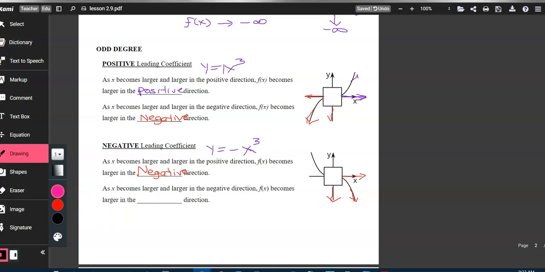As x becomes larger in the negative direction, so going this way, f of x, or the y values, become larger in the positive direction, going up.